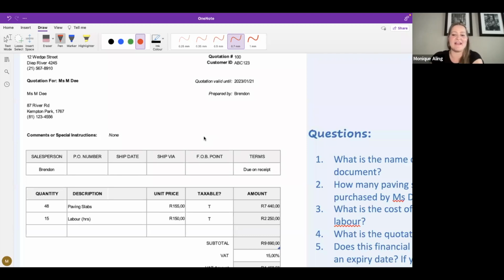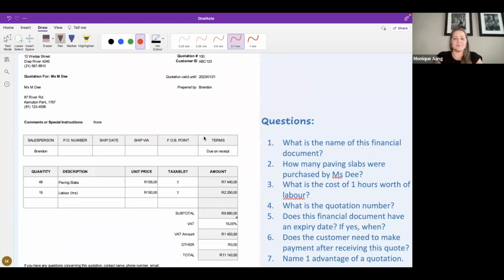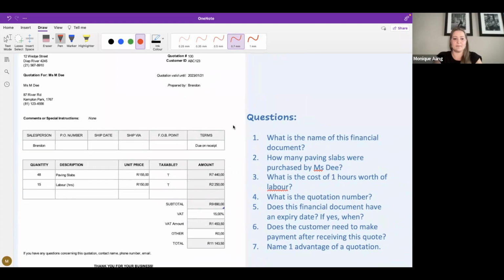Okay, so have we all had a good look at this financial document? Do you feel comfortable trying the questions quickly? Okay. Can you all see the questions?